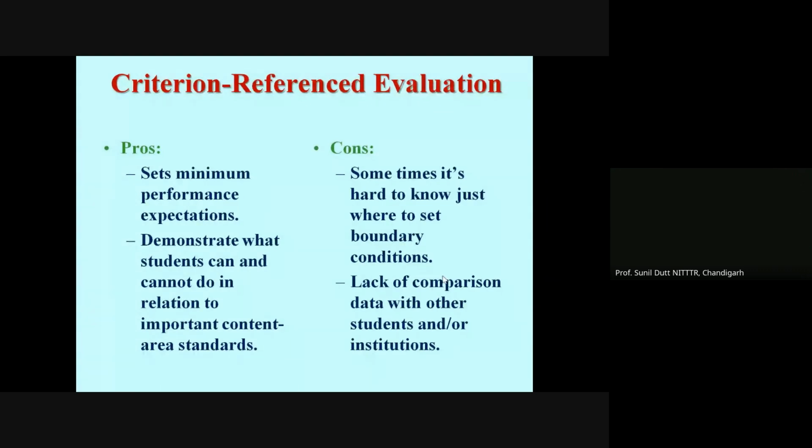Some say that it sets minimum performance expectations and demonstrates what students can and cannot do in relation to important content. But some say that it is hard to know just where to set the boundary condition, that is 90%, 80%, 100%, and there is a lack of comparative data with other students or other institutions.